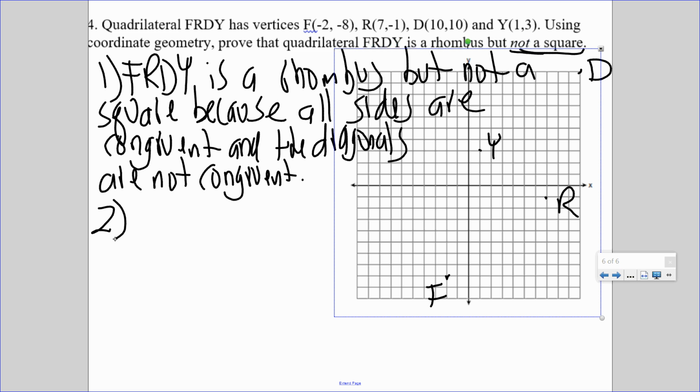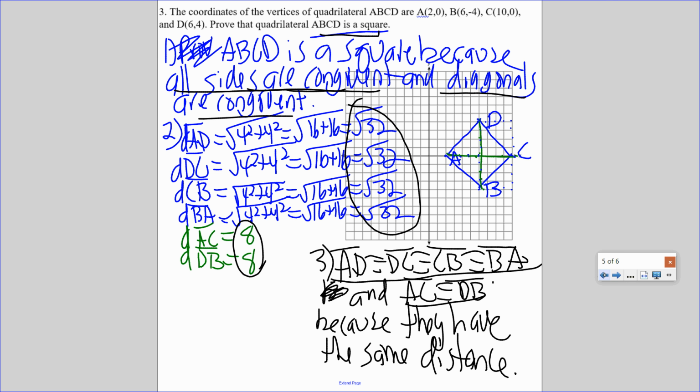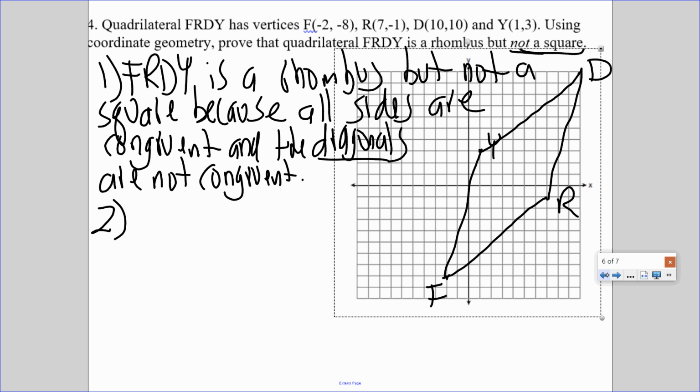Because there's diagonals involved, we're going to have to calculate 6 distances. So I want you to pause, and I want you to finish the proof from here. I want you to do the 6 distances, and then I want you to do step 3, use this as a model, and try to do the rest of this. So again, pause, complete the proof, and then unpause. It should take you a few minutes.